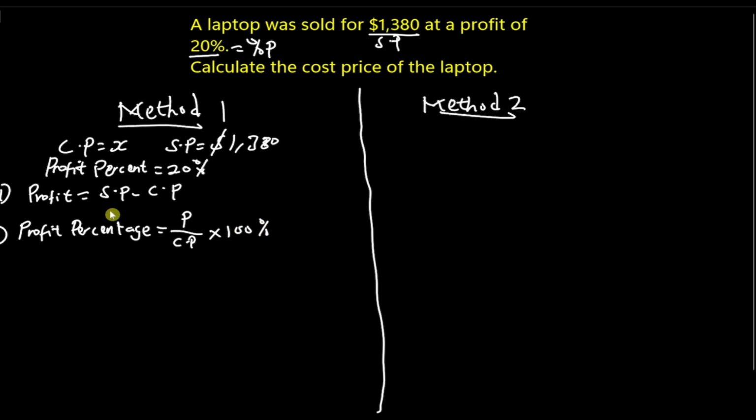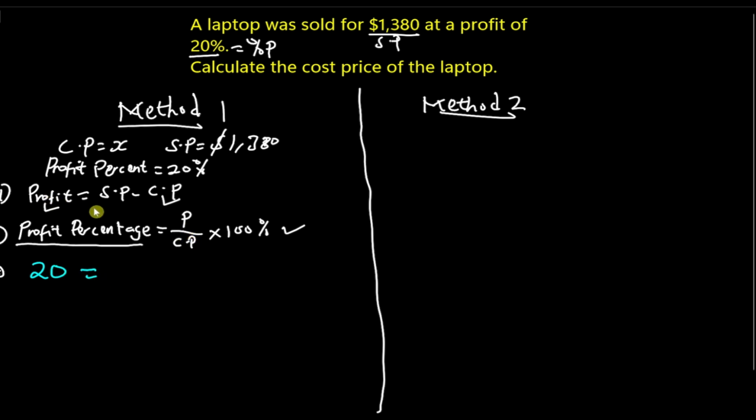Now if we use the first formula, we don't know the profit, and we also don't know the cost price, so we have to use the second formula. In the second formula, the profit percentage is 20%, so 20 is equal to profit.